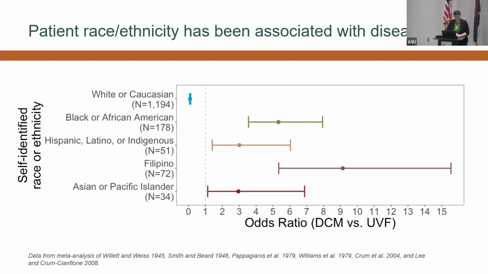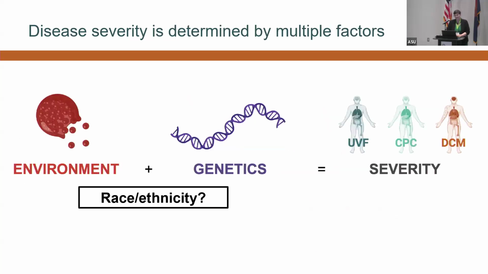And then I'd like to quickly point out that individuals who are Black or African American or Filipino also have significantly higher risk of dissemination. But where does this race or ethnicity factor fall between environment and genetics? Now, it's almost entirely likely that it's both. But since I'm a geneticist, I'm interested in which part of this risk is genetic.